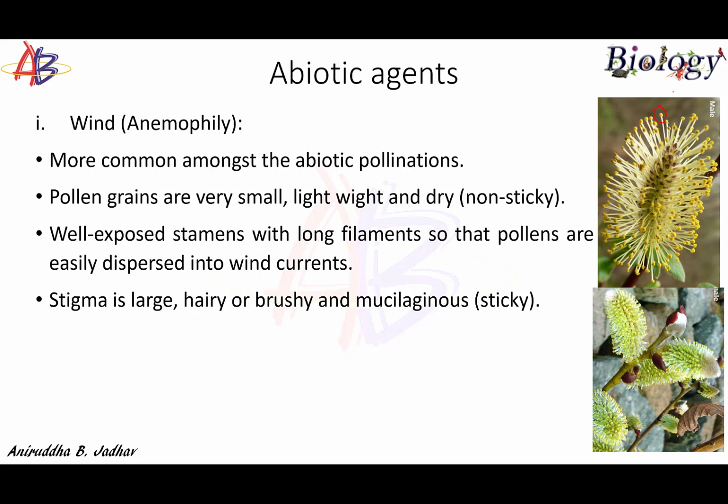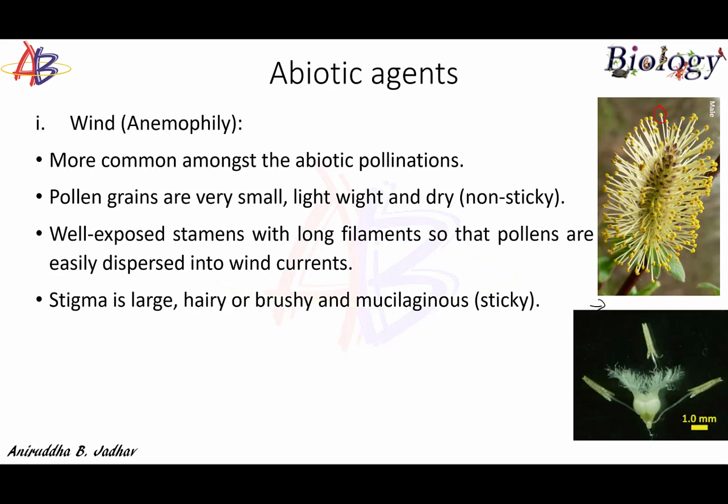As you can observe in this diagram, this is the picture of a female flower having this feathery stigma, which can trap the pollen grains easily. This is a clearer picture. You can observe this particular region having the feathery stigma so that the pollen grains can get trapped easily.